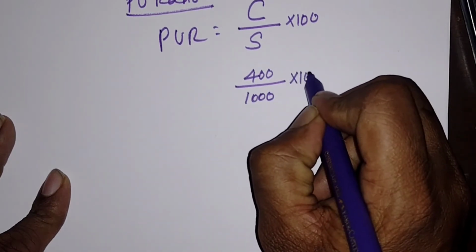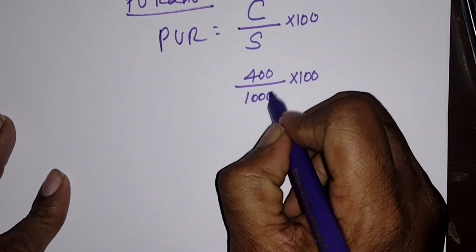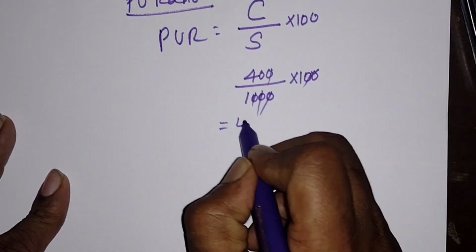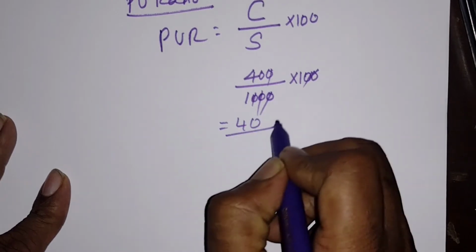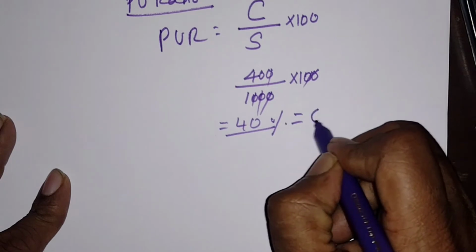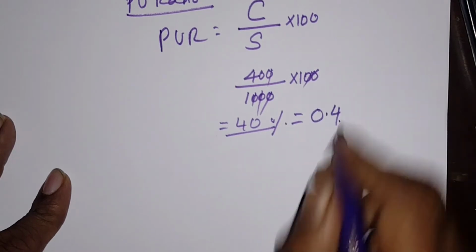That will be converted in terms of percentage. 0, 0 gets cancelled. Therefore, you get 40%. 40% will be written as 0.4. 40 divided by 100, it is 0.4.